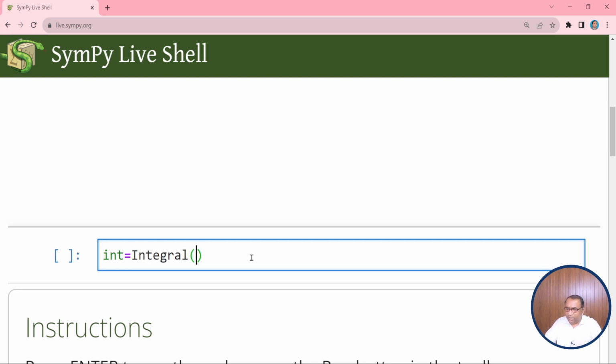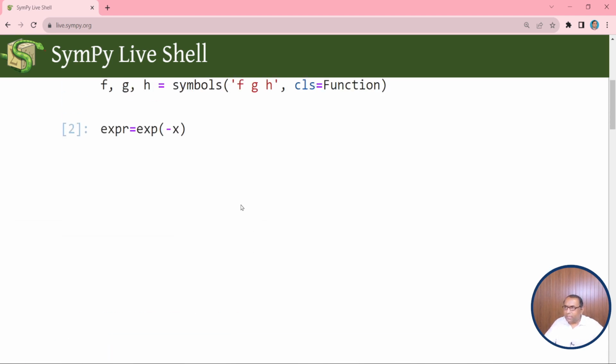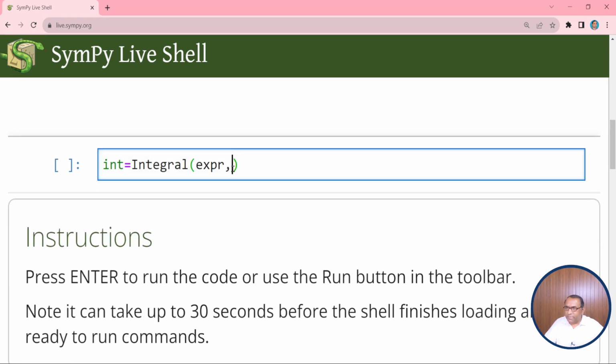Here is the expression which we use, comma. Note this assignment variable which we use for this function. Then the limit of this integration is 0 to infinity. So we want to integrate with respect to x, and the limit of x is 0 to infinity.